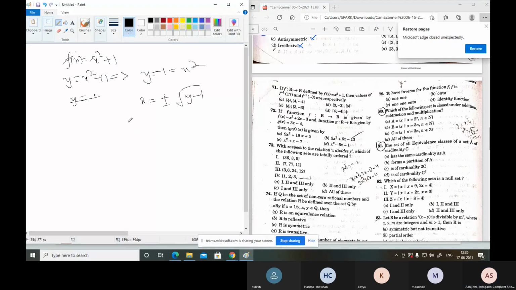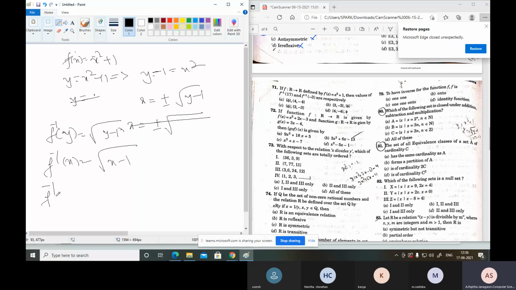Now here x equal to plus or minus. So first, f inverse of 17. Before that, you can write f inverse of y equal to what, and the inverse function is y minus 1. So f inverse x equal to x minus 1. So now f inverse of 17 equal to plus or minus.